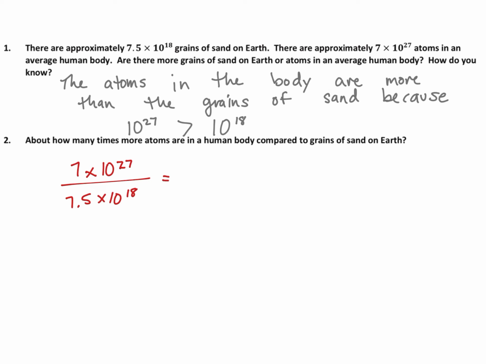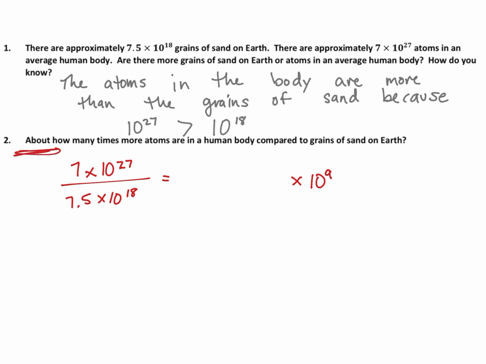Again, when we divide these, the numbers out front get divided. And since the exponents on these, or the bases on those, are the same, we get to subtract those exponents. So our answer should be times 10, and then 27 minus 18 is 9, so times 10 to the 9th.